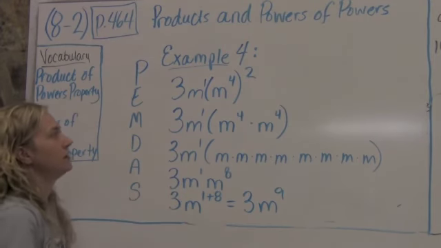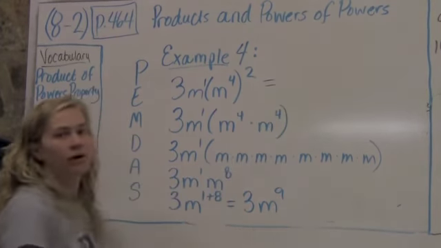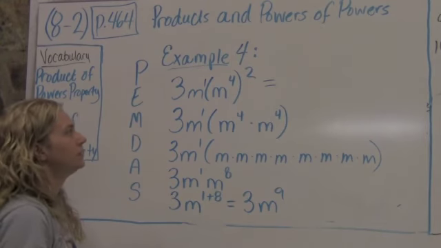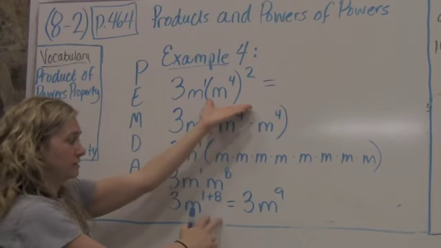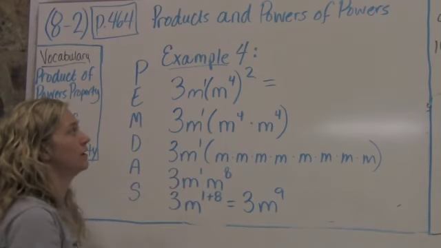Now, let's look at this without doing the expanded notation, and see that you would do exponents first. Okay, so you could arrive at this same answer by doing it this way.